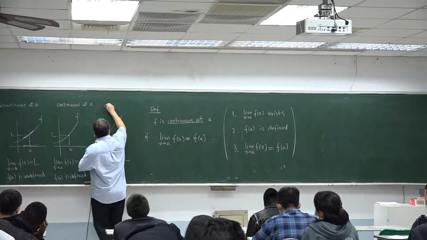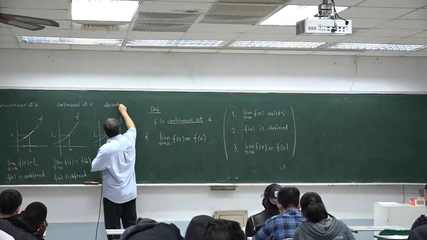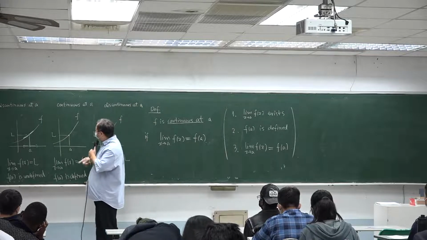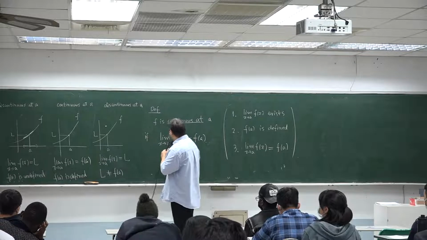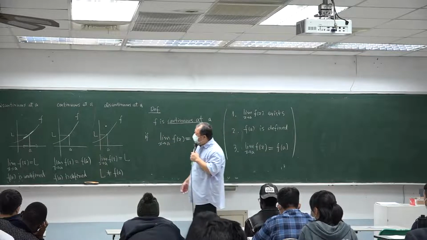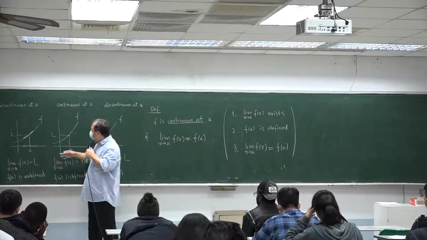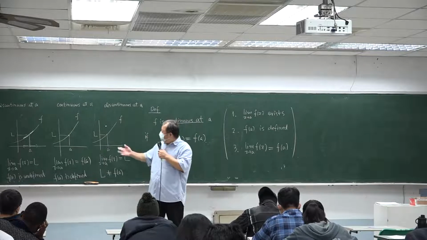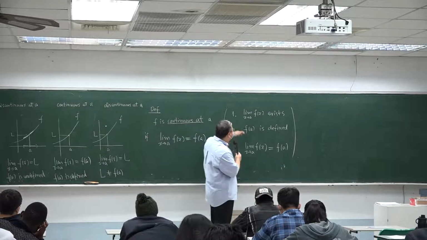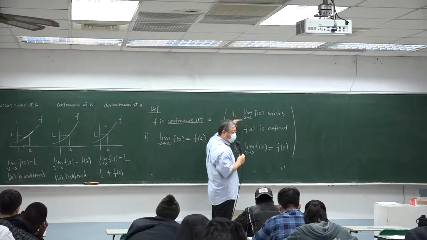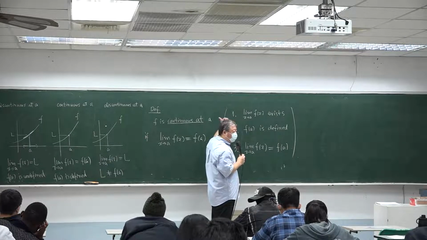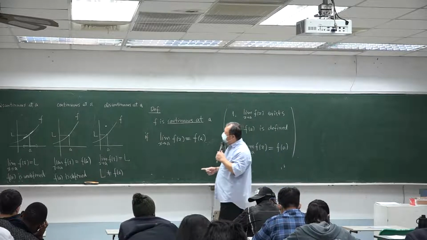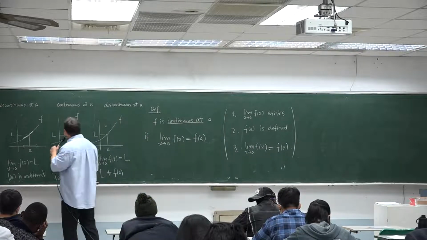But in these two cases, this discontinuity and this discontinuity are called removable discontinuity. If the first statement is satisfied but it is discontinuous, we will say this kind of discontinuity is removable discontinuity.